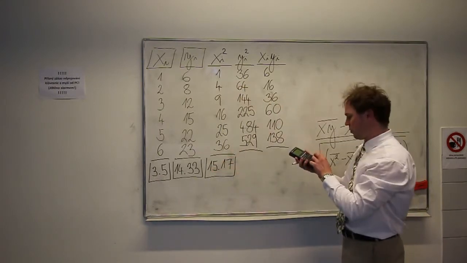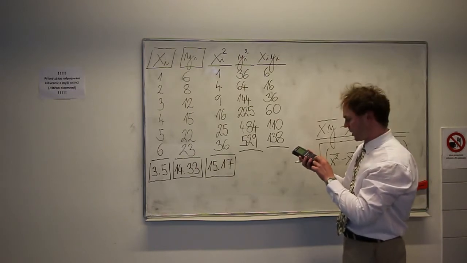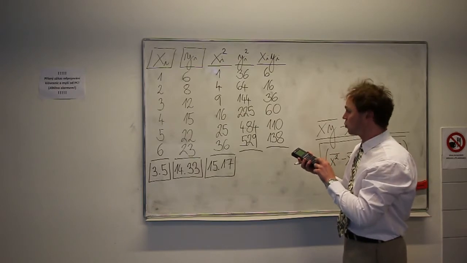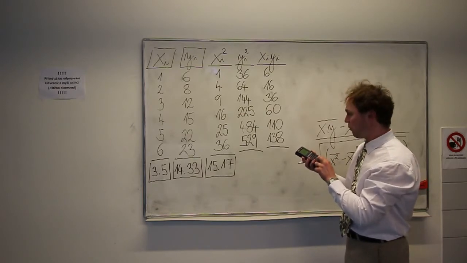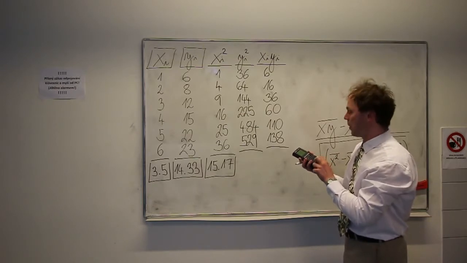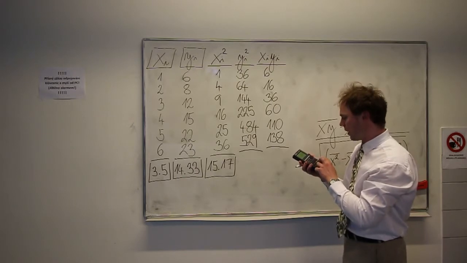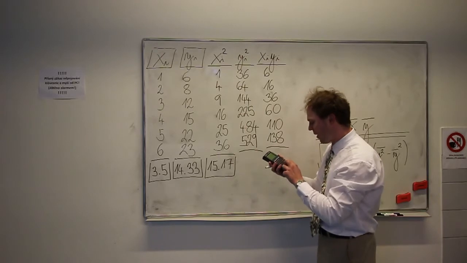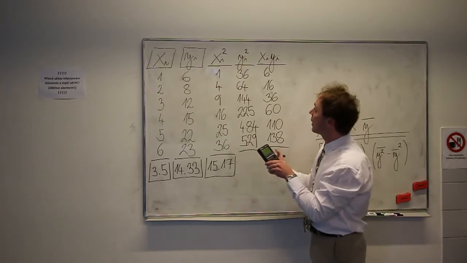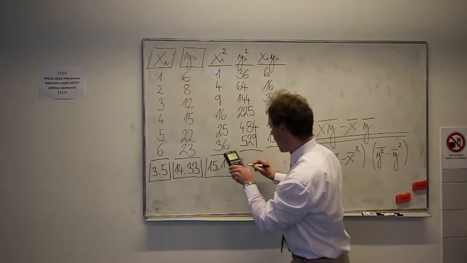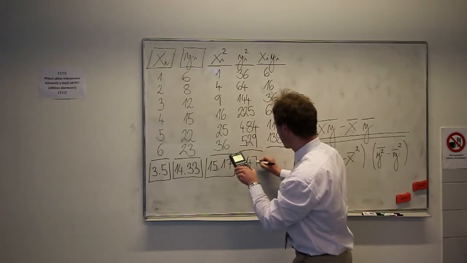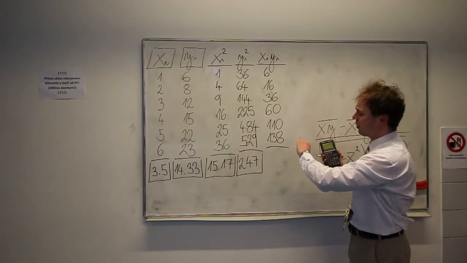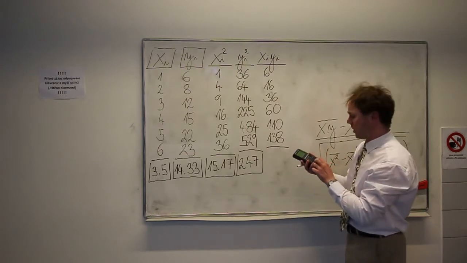And we can continue. 36 plus 64 plus 144 plus 225 plus 484 plus 529 is 1482 divided by 6, 247. Yes. And finally, this mean calculated from this multiplication.